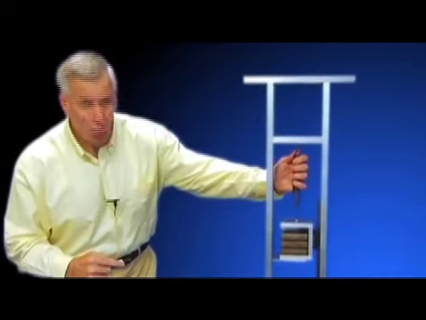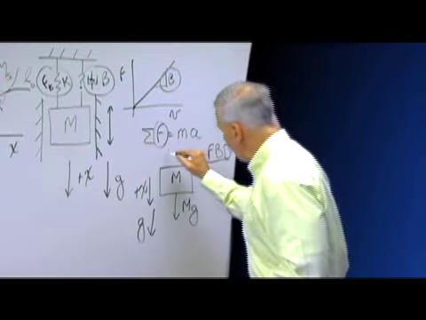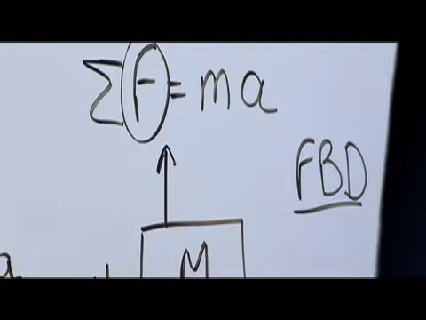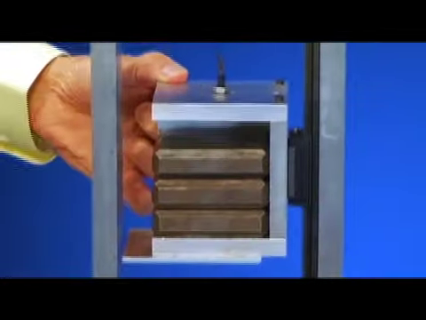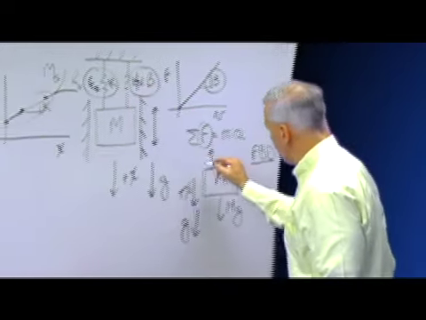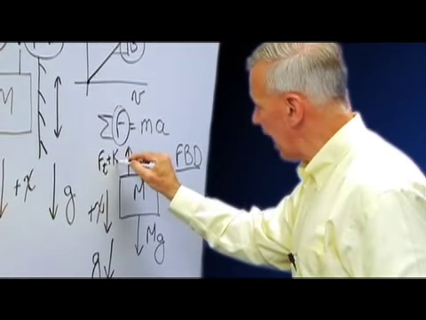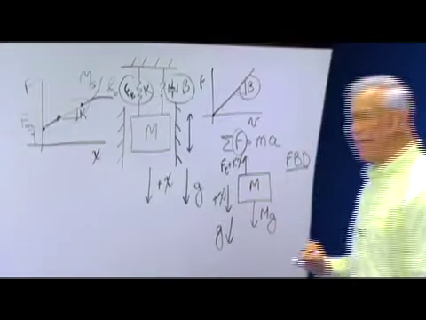Well, certainly the spring force, because the spring is connected to the mass. And that force acts up if I move the mass in this plus x direction, because the spring is in tension. And from my diagram, that force is equal to the pretension plus the spring constant times the displacement from that unstretched length of the spring.